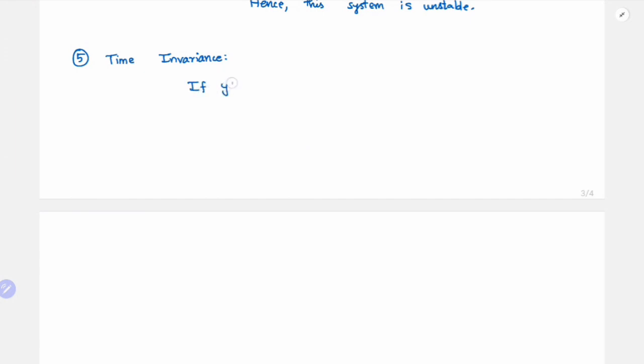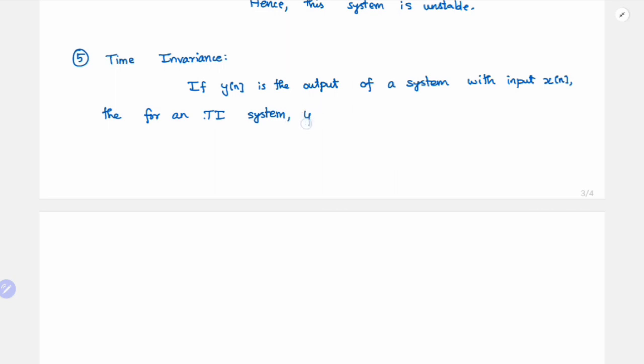Let's say y[n] is the output of a system with input x[n], then for a time invariant system, y[n - n0] should be the output for the input x[n - n0], right?